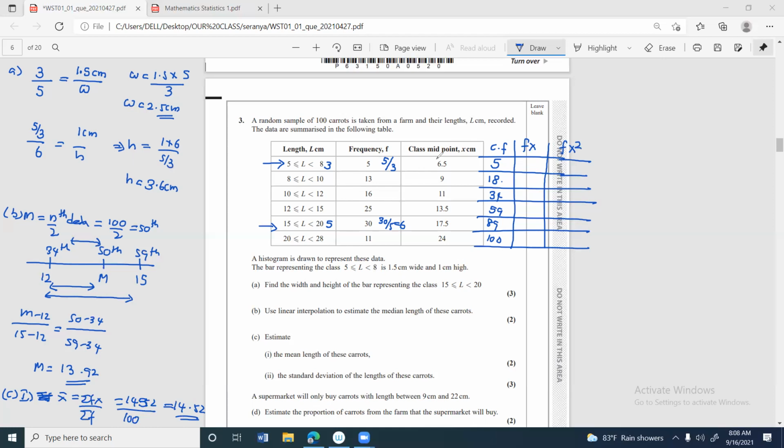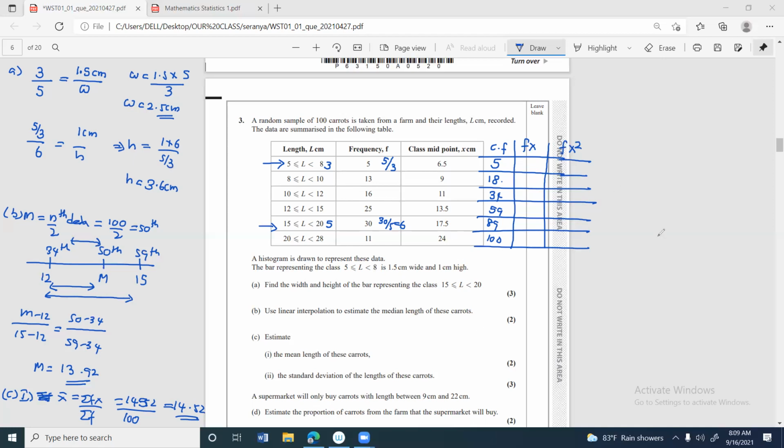So you can write 5 into 6.5 squared plus the next one, 13 into 9 squared, plus 16 into 11 squared, plus 25 into 13.5 squared, plus 30 into 17.5 squared, plus the next one, 11 into 24 squared. Be a little bit careful when you do this calculation. Sometimes it has a tendency of making errors.